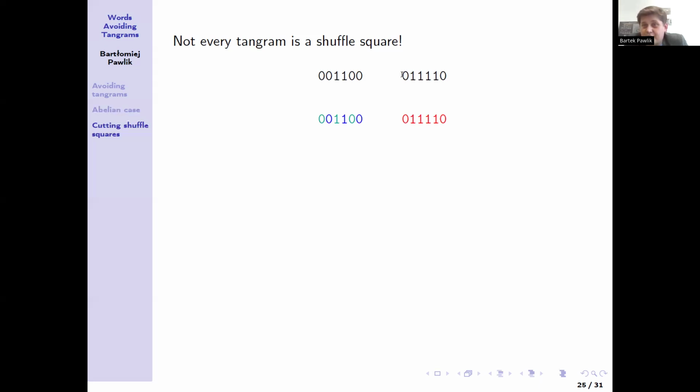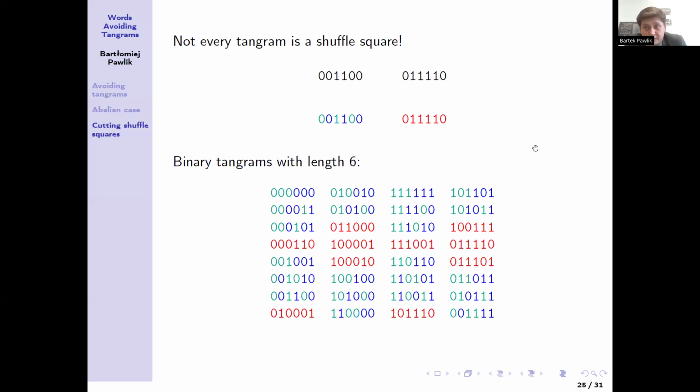And here is the 0 at the beginning, here is the 0 at the end, so it is not possible. This is not a shuffle square, and this is a shuffle square. Our binary tangrams with length 6 are shown here, and we pointed out which are not shuffle squares. 10 of them don't satisfy this definition.